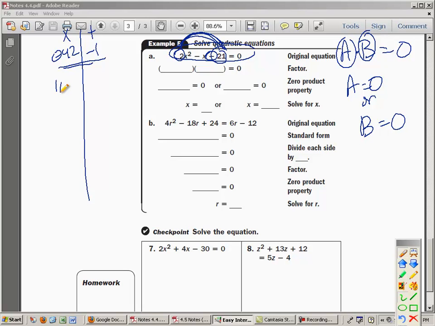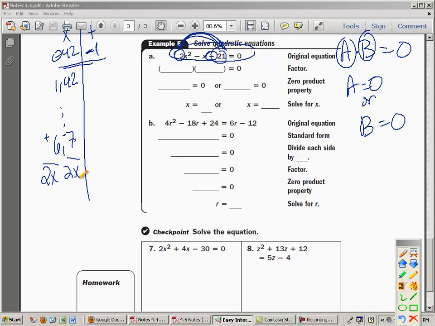So factors of 42 are like 1 and 42 and so on. But I know a set of factors that are 1 away from each other, which is 6 and 7. So the only way I'm going to get negative 1 when I add them is if I go negative 7 and positive 6. So these two will multiply to make my negative 42, and they will add to make my negative 1. So write them both over the leading coefficient with an x.